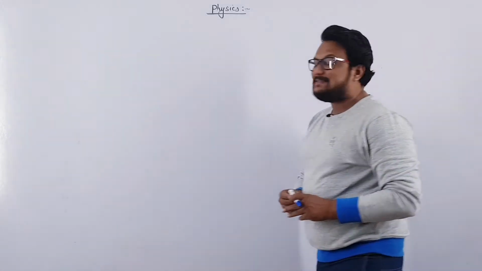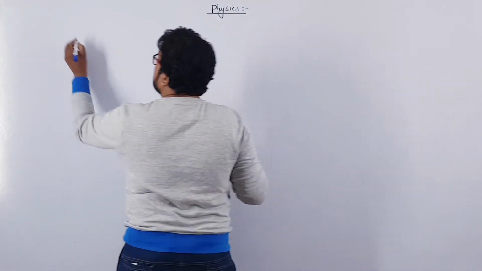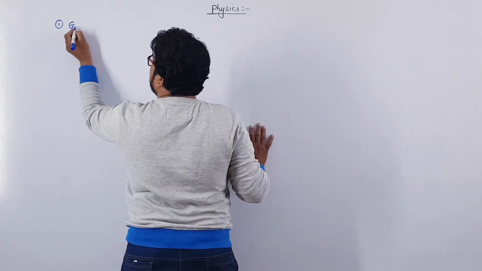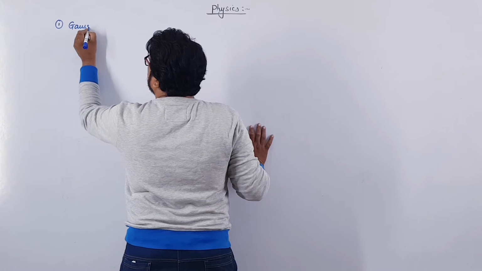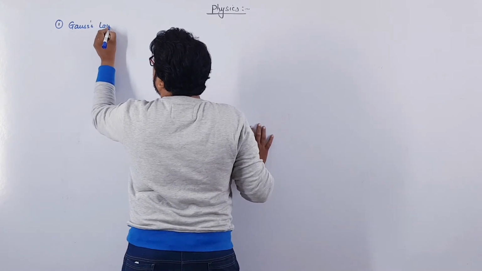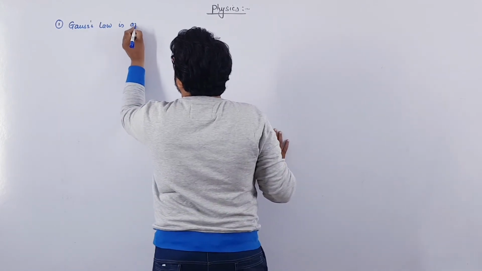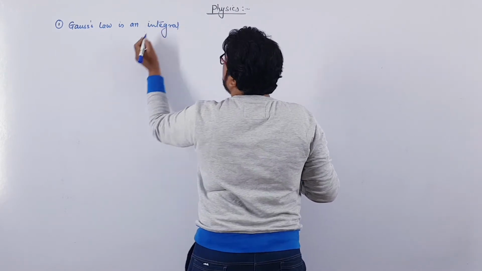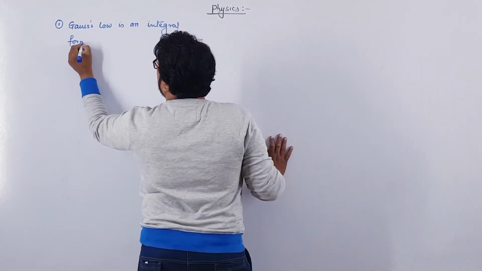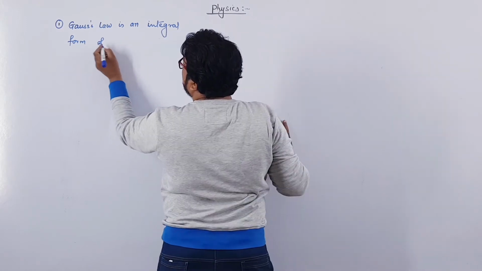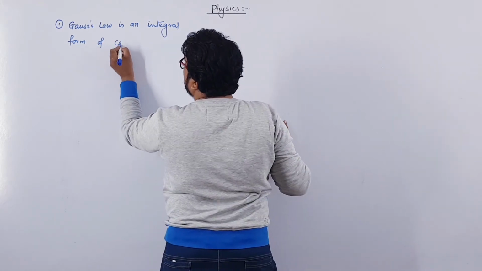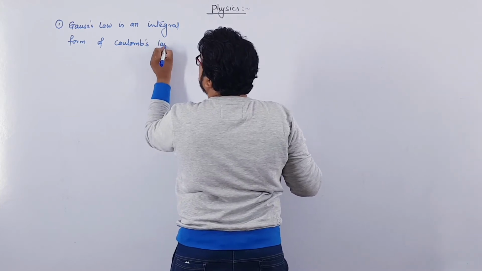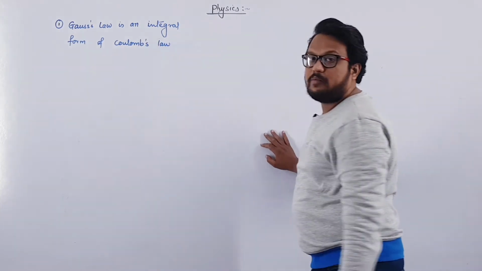So here we can say that the first point, which you have come across in chapter 1, is that Gauss law is an integral form of Coulomb's law.